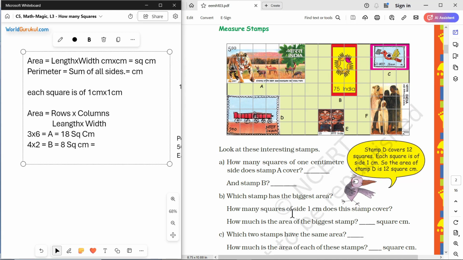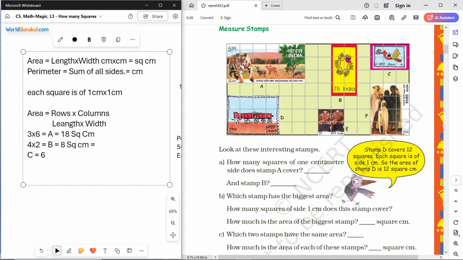Which stamp has the biggest area? For that we need to calculate the area of all the stamps here. So, let us count C. C is having 2 rows by 3 columns. 2 by 3, that is 6. Area is in square centimeter, no need to write here.